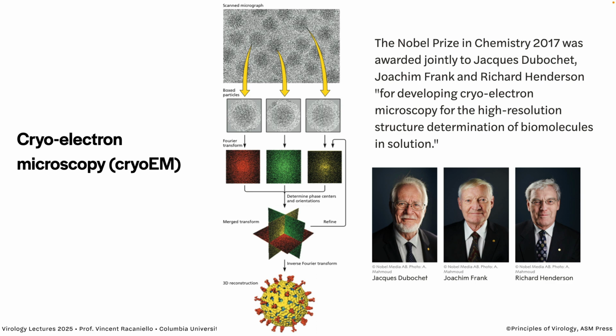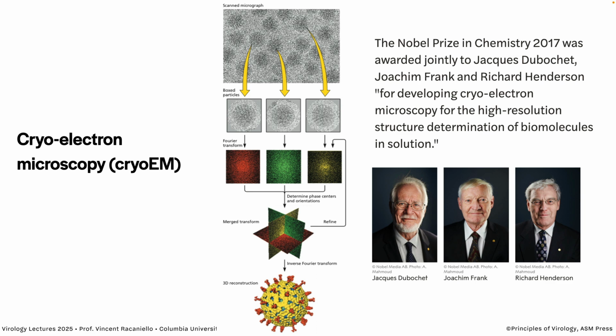Then the assumption is every virus particle is in a slightly different orientation, right? The way like a CAT scan, when it's rotating around you, is taking pictures in a different space. These are randomly spaced on the grid. So you take hundreds and hundreds of pictures, and then you digitize each one of them. And then you'd have to do some statistical manipulations. You do Fourier transformations, you determine the phase centers, and then you do a reverse Fourier to get the virus particle.